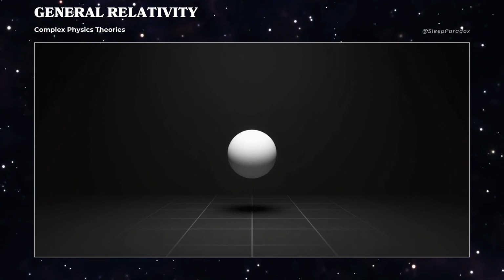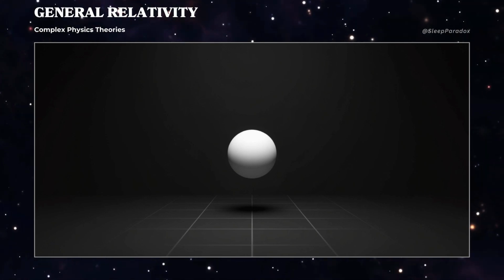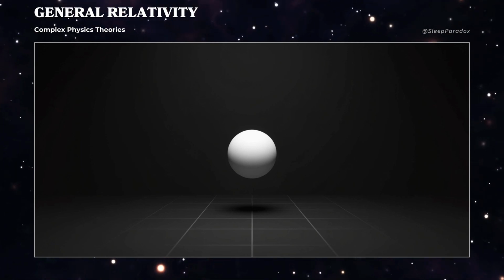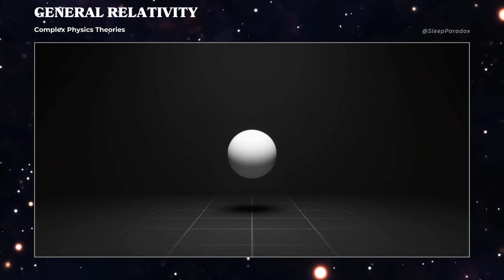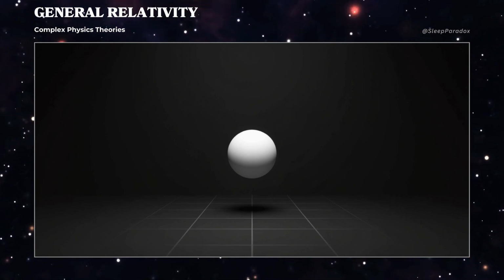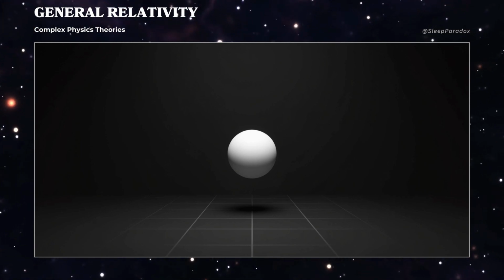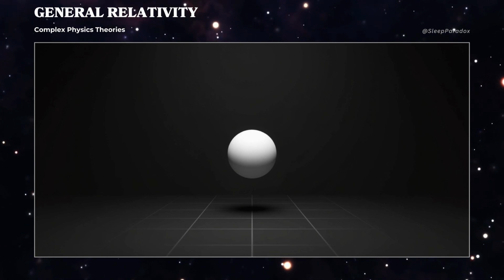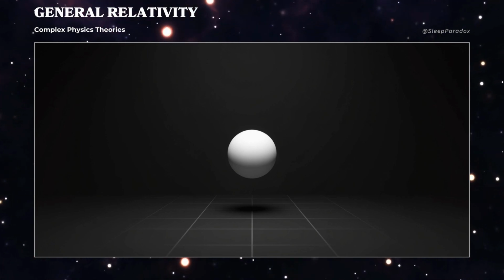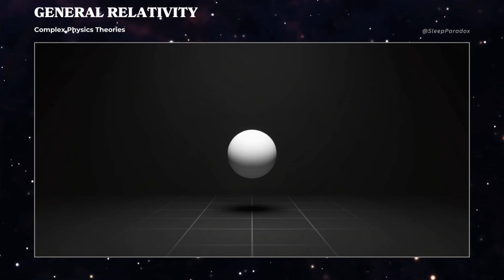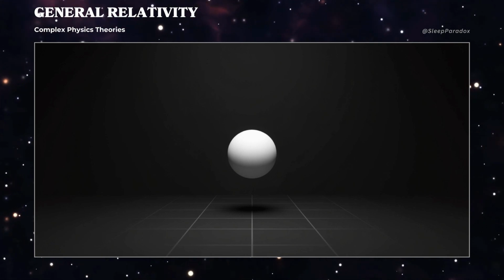Instead of treating space and time as a static stage where objects move, he treated them as dynamic and flexible. Mass and energy warp the fabric of space-time, and this curvature affects how objects move. What we experience as gravity is simply the motion of objects following curved paths through this distorted space-time.